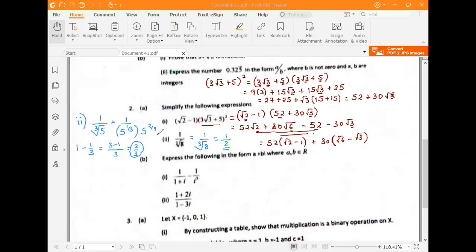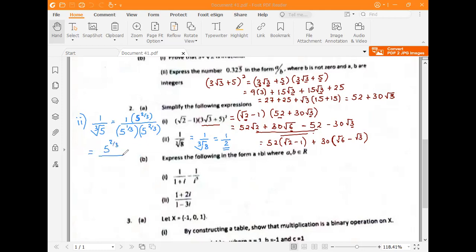You multiply by the same. So the point there is, we want to multiply in the denominator. So now the numerator has 5 to the power 2 over 3.